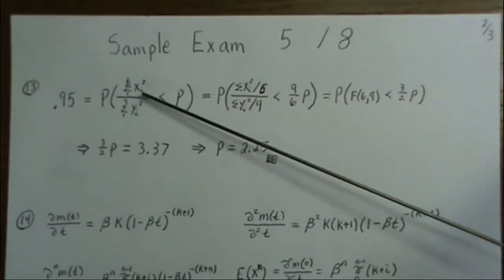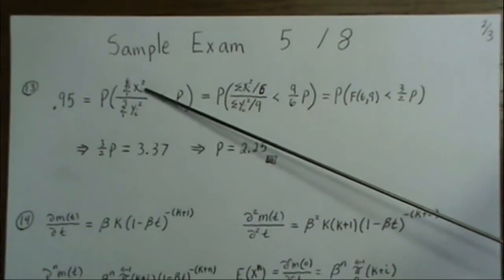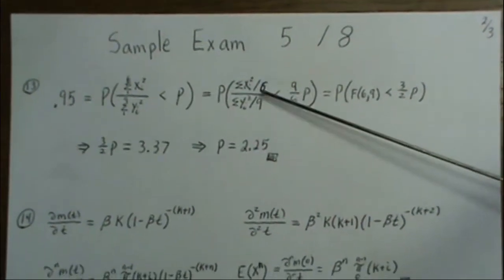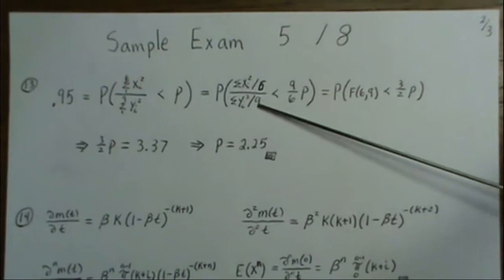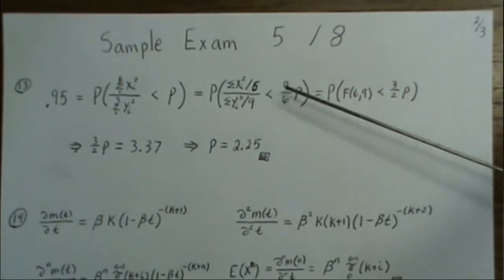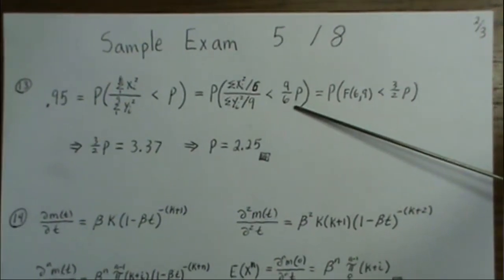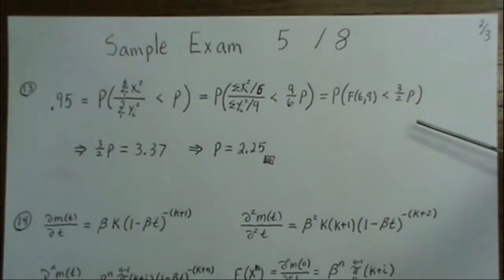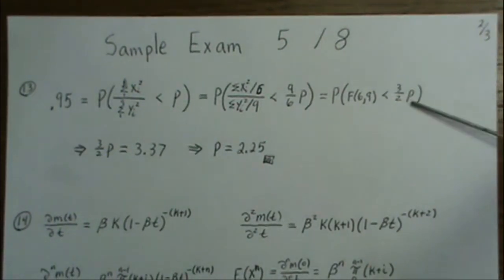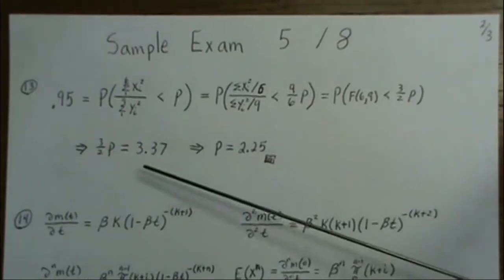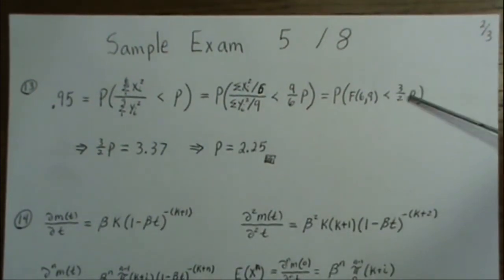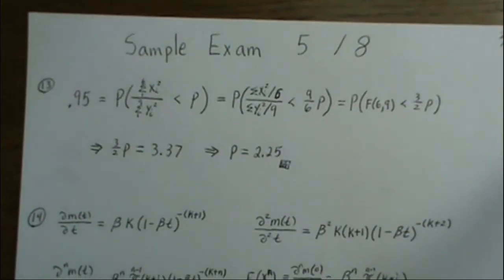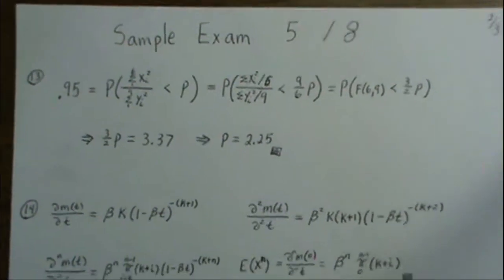So the degrees of freedom is 6 and 9 in this case. But if we divide, and if we do it to the left side, we have to do it to the right side. Well, then this left side is an F with 6 and 9 degrees of freedom. And we want this probability to be 0.95, which implies that this piece here is 0.37, which implies p is 0.12.